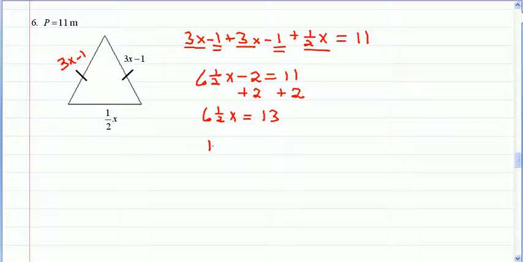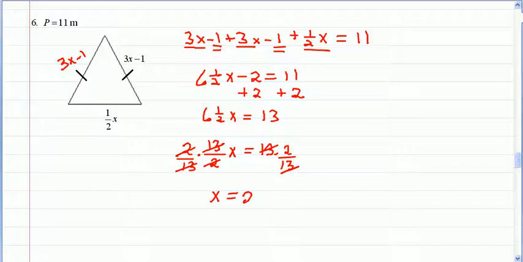And before I divide by 6.5, I'd like to change 6½ to an improper fraction of 13 over 2 and set 13 over 2x equal to 13. And now I just multiply by the reciprocal of 2 over 13 so that the 13s and the 2s cancel on the left. The 13s cancel on the right, so x is just equal to 2.